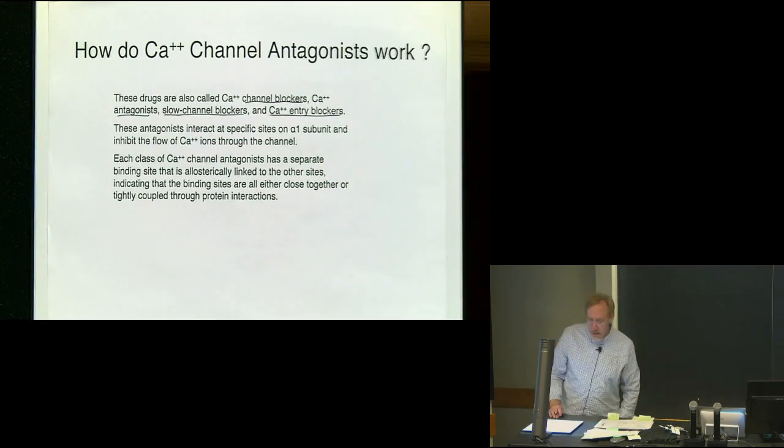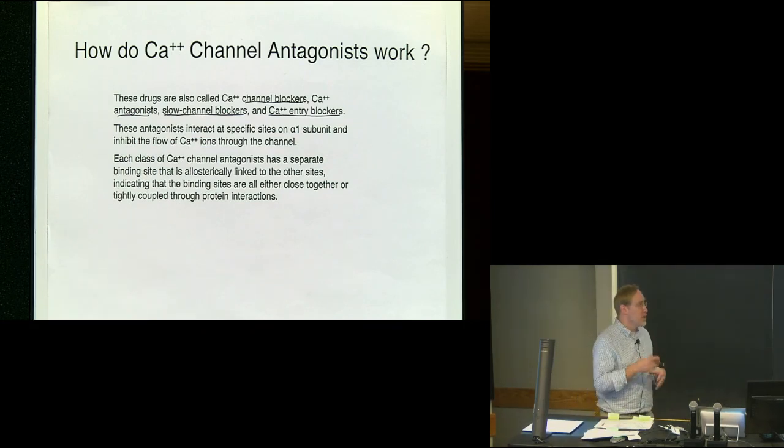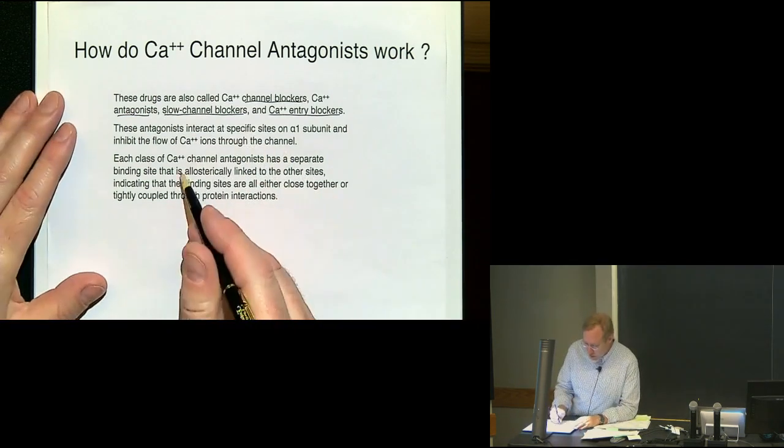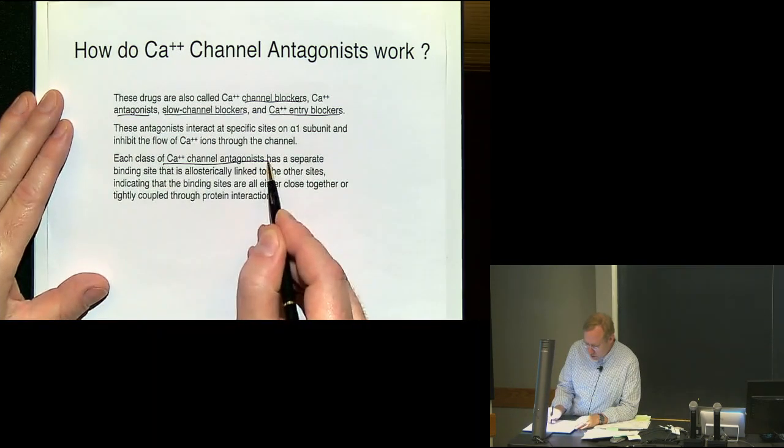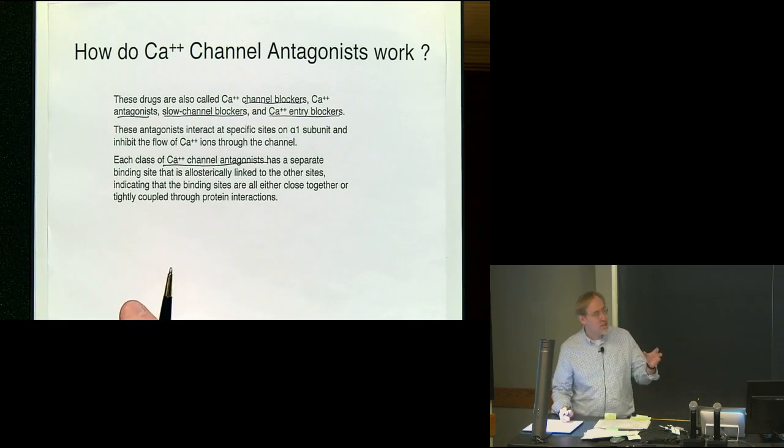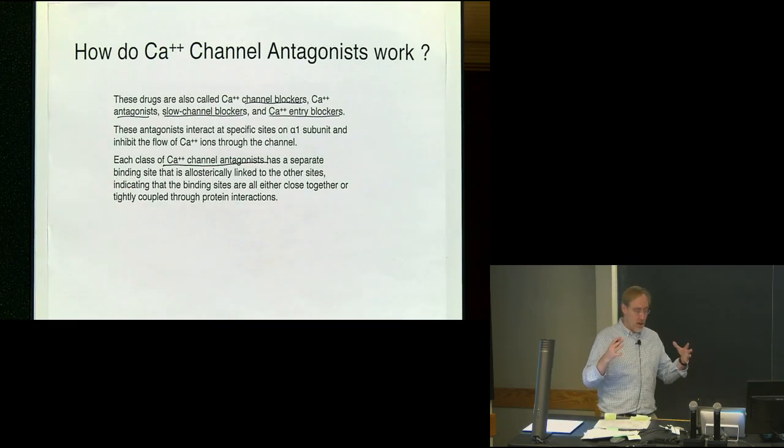Anyway, the antagonists interact at specific sites on this alpha-1 subunit and block or inhibit the flow of calcium ions through the channel. Now, each class of the calcium channel antagonists that we'll look at actually has a separate binding site on that huge alpha-1 subunit.